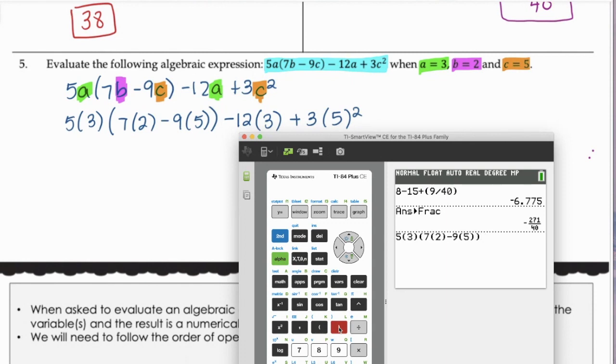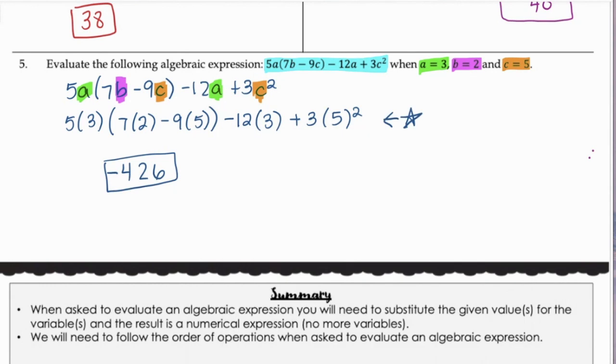Make sure those parentheses are open, close. When you open one, you close one as well. And I'm just inputting everything I'm seeing here, raised to the second power. So there is my long algebraic expression. And I'm going to press enter, and it's going to give me my value of negative 426.